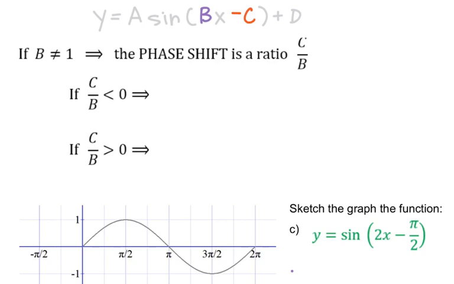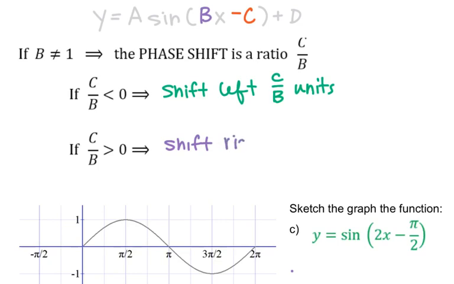So if c over b is negative, we will shift left c over b units. And if c over b is positive, we'll shift right c over b units.